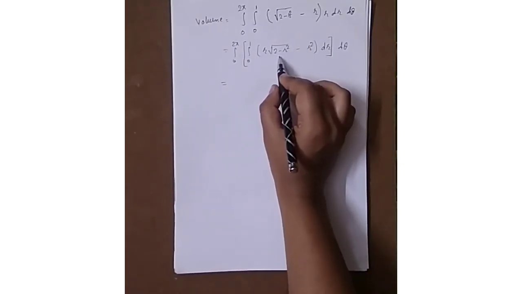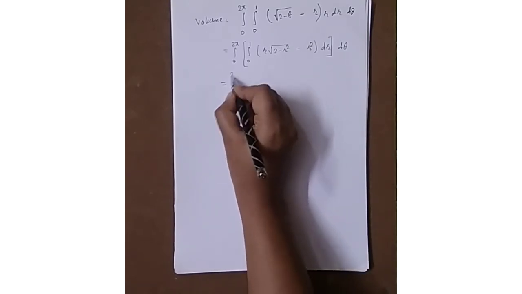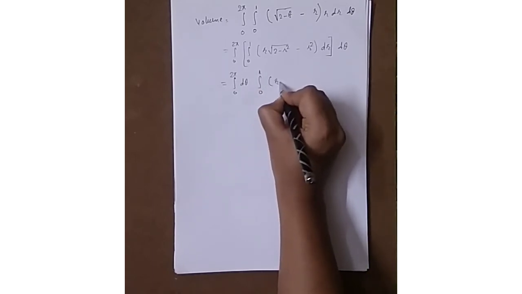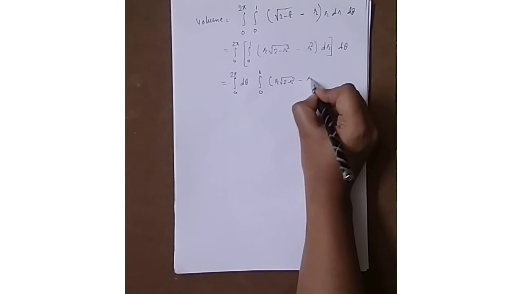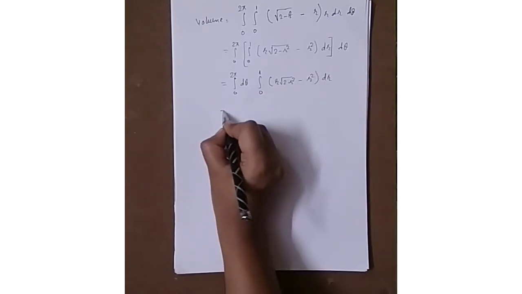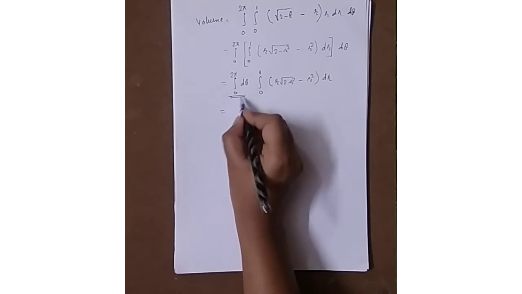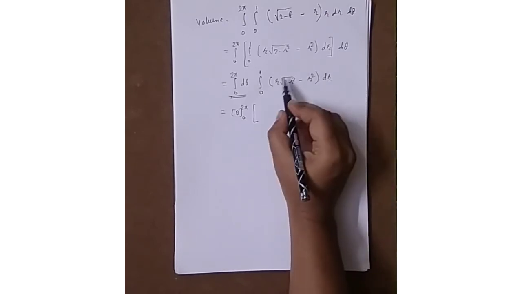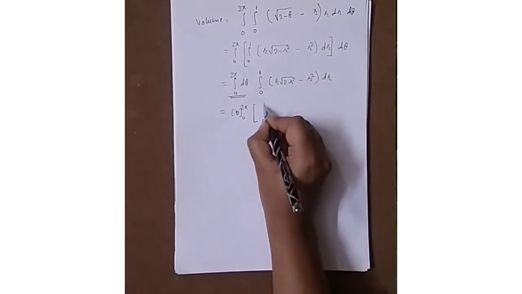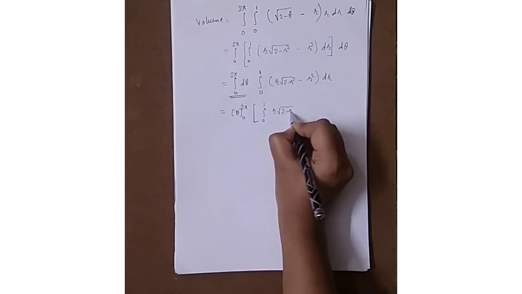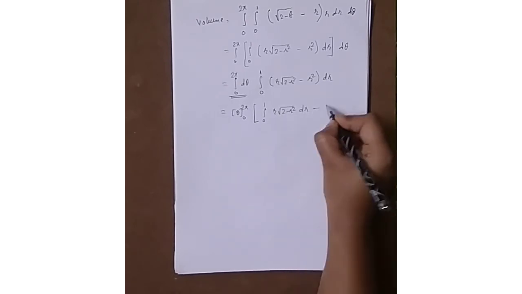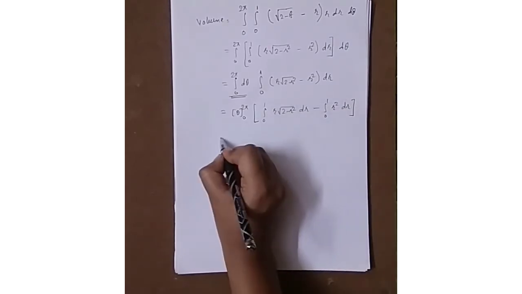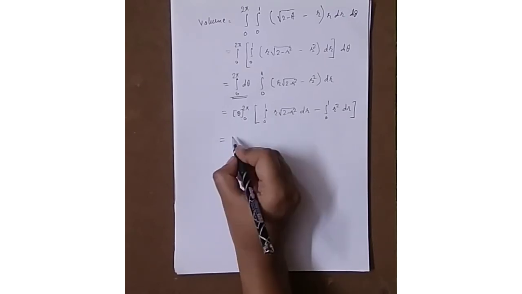this equation you can write as integral 0 to 2 pi d theta into integral 0 to 1 of r into 2 minus r square dr. So the integration of this is theta, and the limit is 0 to 2 pi. Now integrating this term, first integrating 0 to 1 r into square root of 2 minus r square dr minus integration 0 to 1 r square dr. Put theta equal to 2 pi, so it's 2 pi.